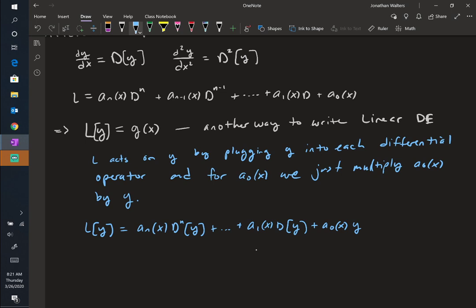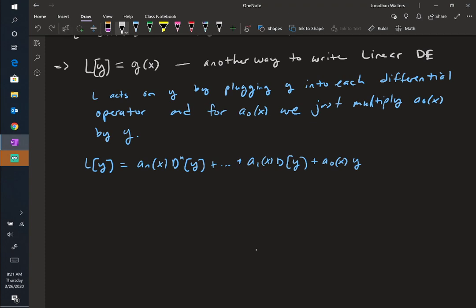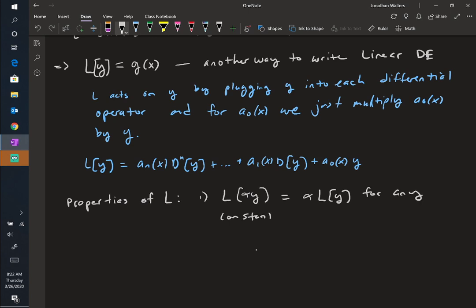That's pretty good. Now, the linear operator L, so properties of L. Number one is that L of alpha y is equal to alpha times L of y for any constant alpha.